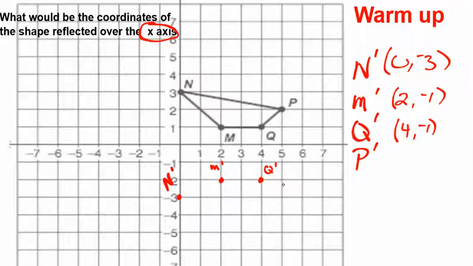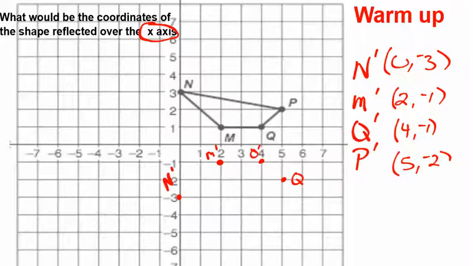Oh, these are all messed up, kids. Why didn't you tell me? Here are my ones right here. Sorry, it's kind of hard to see. So that's M and that's Q. Did anyone catch that? So P is down 2, over 5, negative 2.